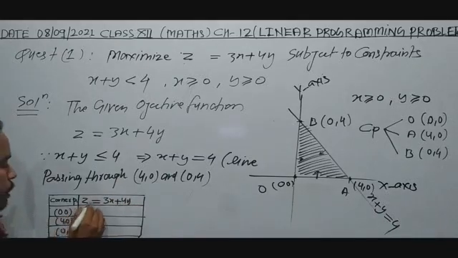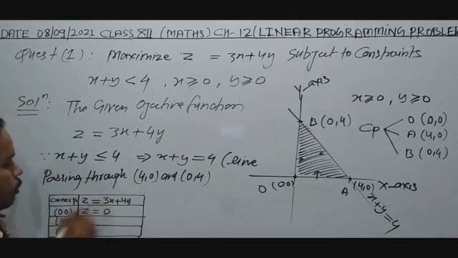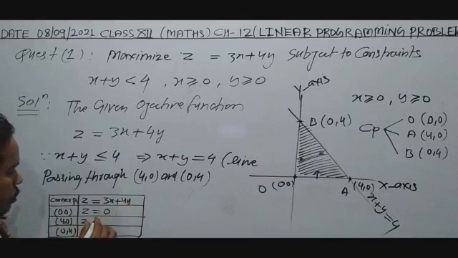When you put x equals 0 and y equals 0, you get z equals 0. For x equals 4 and y equals 0, you get 12. For x equals 0 and y equals 4, you get 16. So there are three values of z: 0, 12 and 16. So z is maximum at (0, 4) and the maximum value is 16.